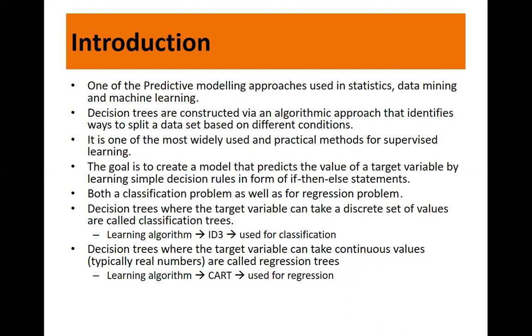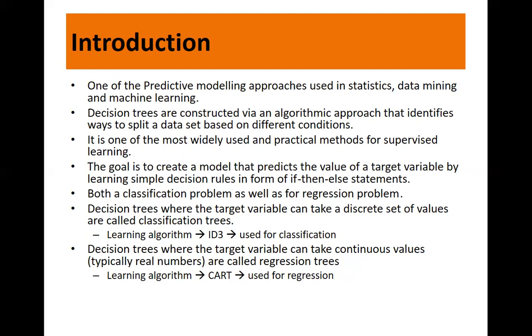At each step, the data set is split, the attributes are split. It is one of the most widely used and practical methods for supervised learning. The goal is to create a model that predicts the value of a target variable by learning simple decision rules in the form of if-then-else statements. So decision tree is nothing but a sequence of if-then-else statements.